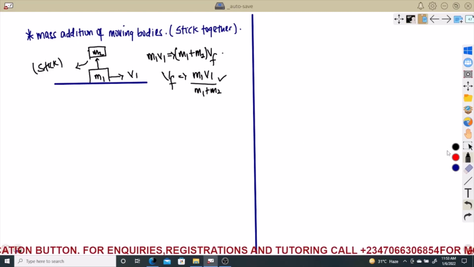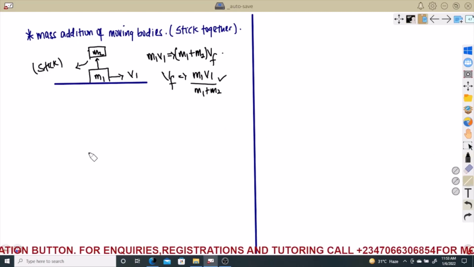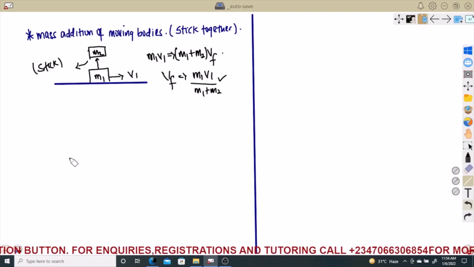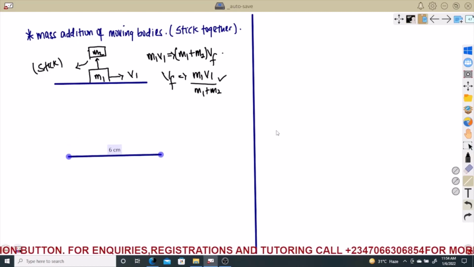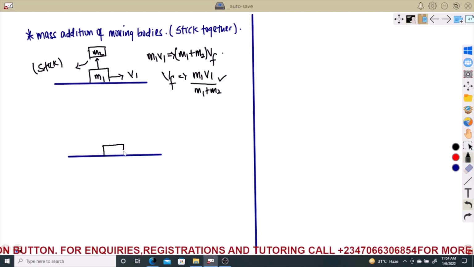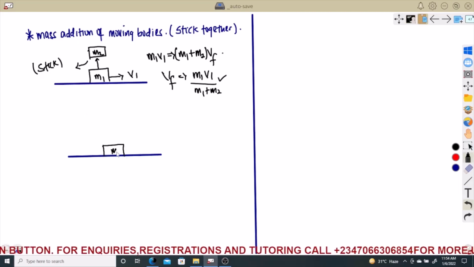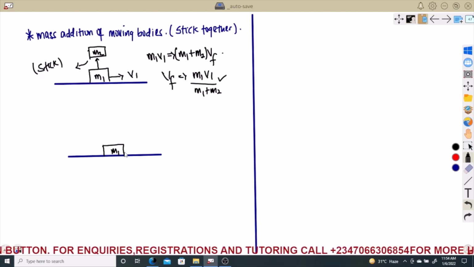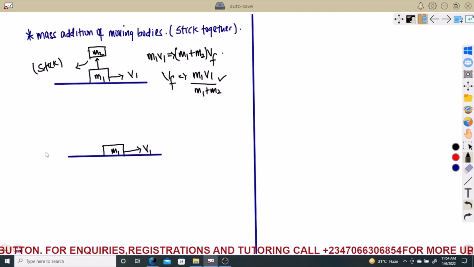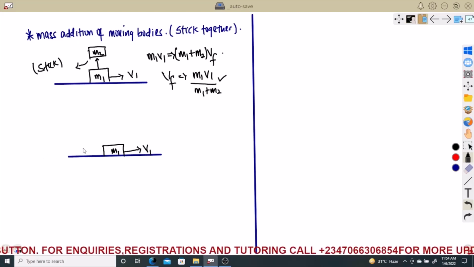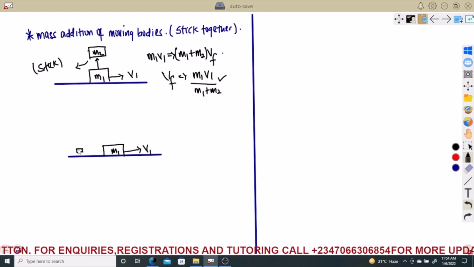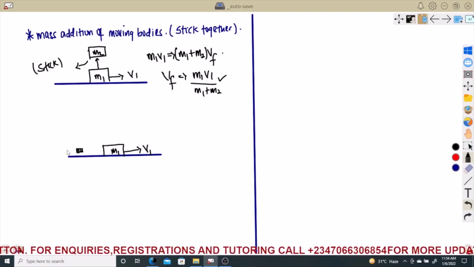Now, another case which I think I can also quickly bring here is a situation whereby there is a ground as well. Again, there is a ground. On the ground, we have a block of mass M1, moving with a velocity of V1. Now here we have, let's say, another body of mass M2.